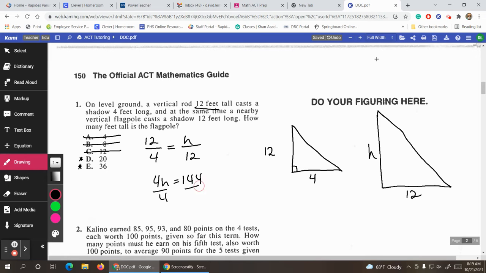Divide both sides by 4, and h equals 36. Again, the shadow is 3 times as much, so 3 times 12 is 36, and that is what h equals. H equals 36.